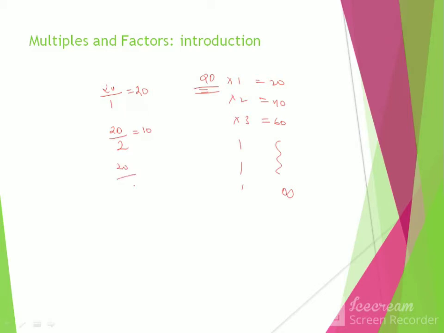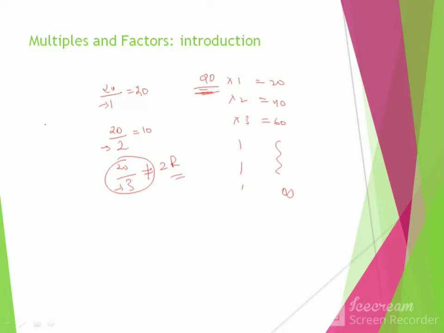But if you look at 20 divided by the natural number 3, it is not exactly divisible. 3 sixes are 18, then 2 you will be getting as remainder. In this way, when we divide this number by natural numbers, in some cases we are able to divide, whereas in some cases we are not able to divide.